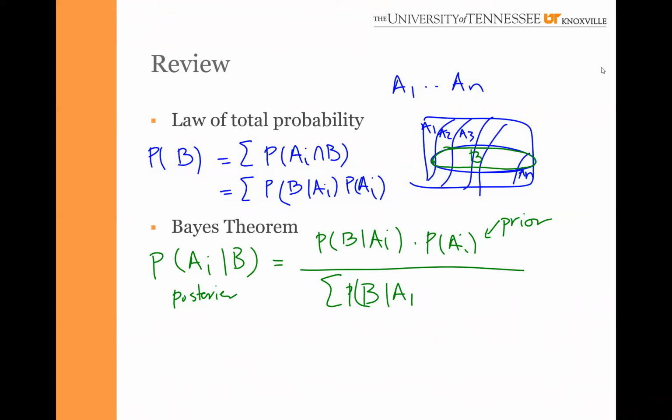I don't want to confuse you, since i is just an index, so I write this as j, and this is the summation over all j's. Any questions?